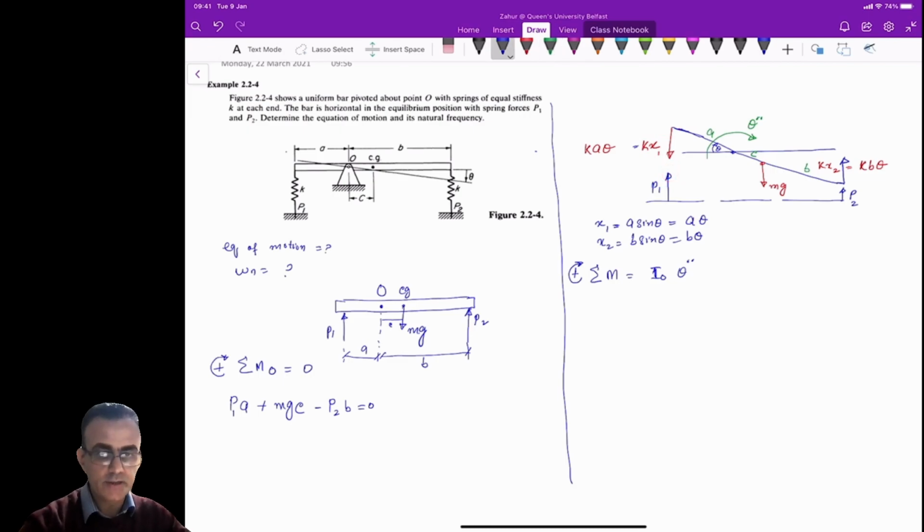So to write the equation of motion, it will be P1 times A, and minus k a theta times A, and now mg.